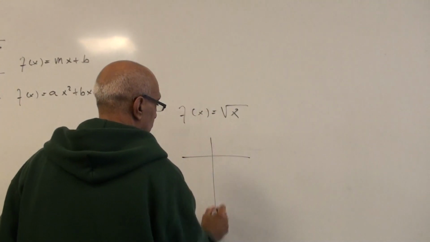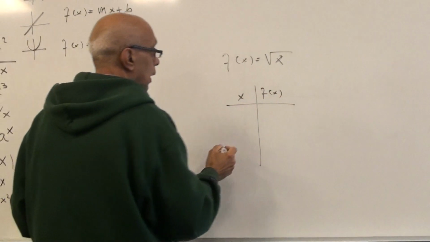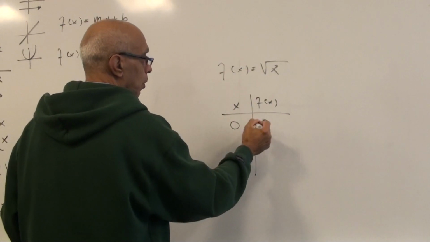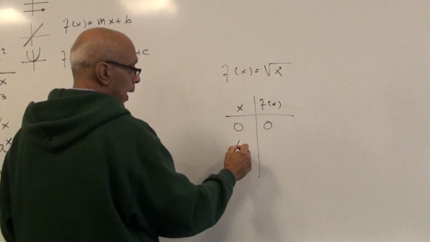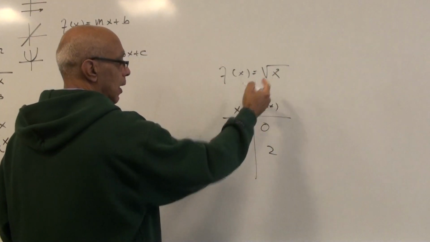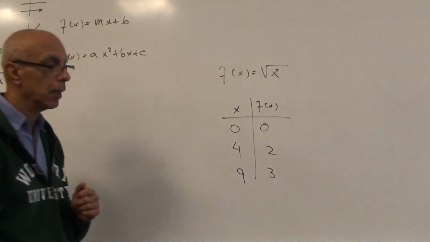Let's do the little table here, x, and then f of x. And when x is 0, f of 0 is going to be 0. Let's put 4, because square root of 4 is 2, makes it easy. And then the next x is going to be 9, and then 3, okay?